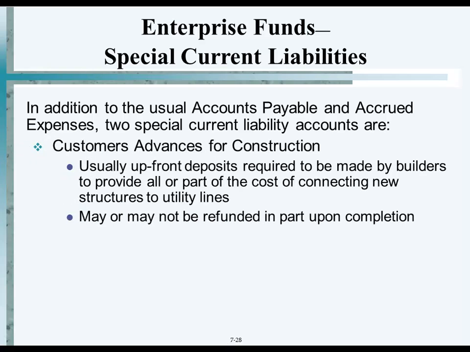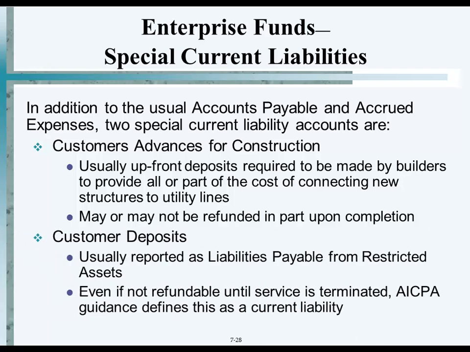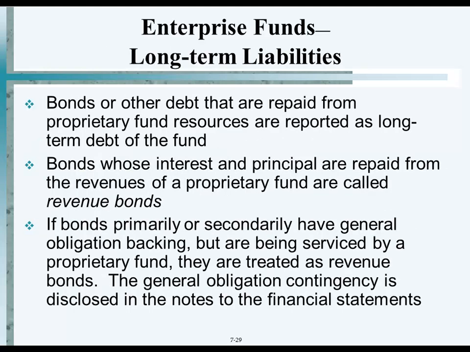I had already talked to you about customer advances for construction, customer deposits. We won't go through this. I had shown you that before. This is an important slide because it talks about the long-term liabilities and about bonds of enterprise funds. So bonds where interest and principal are repaid from the revenues of a proprietary fund are called revenue bonds. If they are primarily or secondarily have municipal backing, they are treated as revenue bonds, and the contingency should be disclosed in the notes to the financial statements.